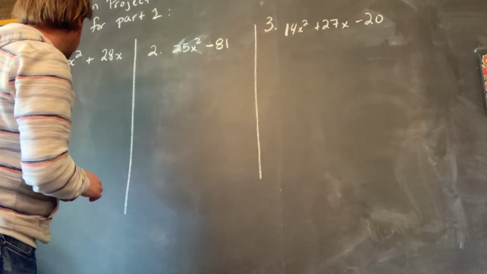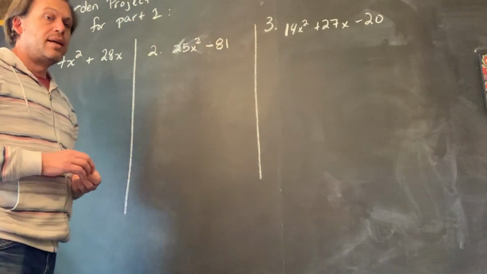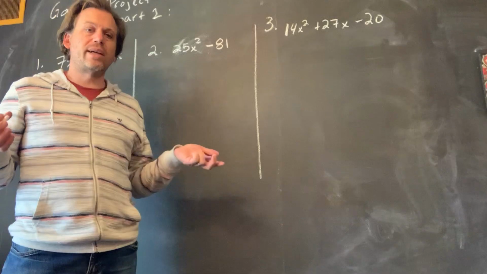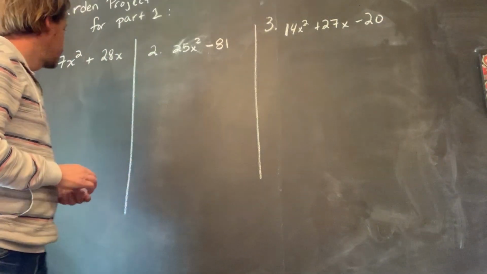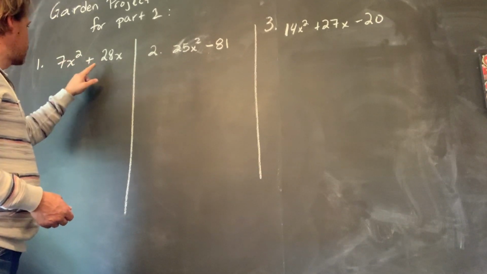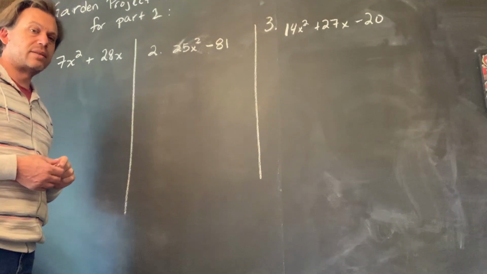The first one, I've only got 2 terms, 7x squared plus 28x. And so I'm going to factor this by just checking to see if there's a GCF, a greatest common factor. They both have an x. Also, 7 is divisible by itself, and 28 is also divisible by 7.